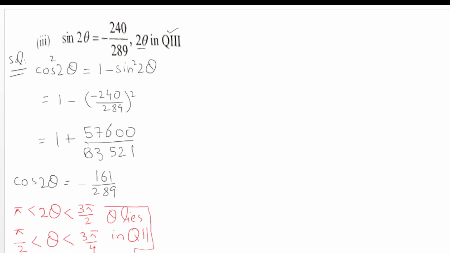We need to find sine theta, cos theta and tan theta. So I hope you students understand all the things. Now let's move toward the next. We have to find sine theta first of all. As for sine theta, we know the double angle formula, or you can say the half angle formula, students give it different names: sine square theta equals 1 minus cos 2 theta by 2, like this.